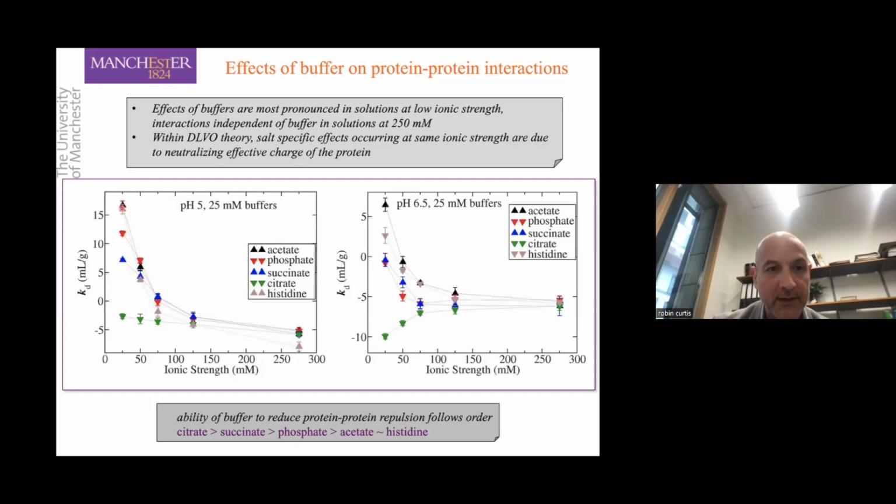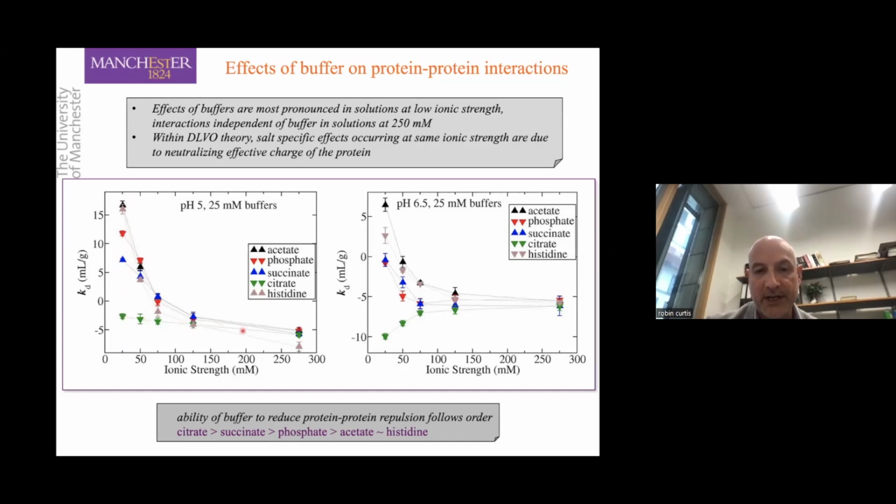And you can see that when you go from acetate to succinate to citrate, you really reduce the protein-protein repulsion. And this is also going from a monovalent buffer to a divalent buffer to a trivalent buffer. So what's happening here is that you could interpret the buffer effect as binding to the protein and reducing the effective charge on the protein surface.